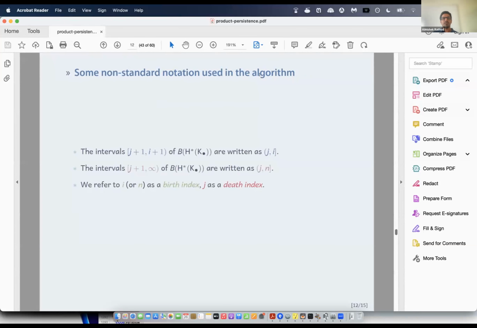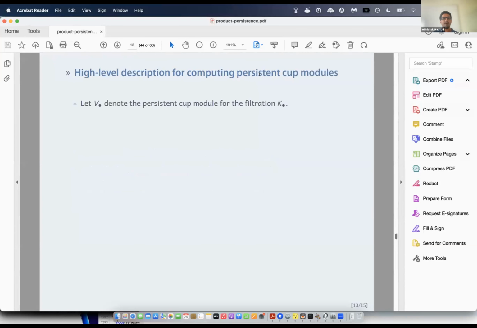With this notation defined, I am now in a position to give a high-level description of computing these modules. Let V bullet be the persistent cup module for filtration K bullet, and this is the quantity that we are interested in. The barcode of this module is the quantity that we want to compute. Let's see how to do that.